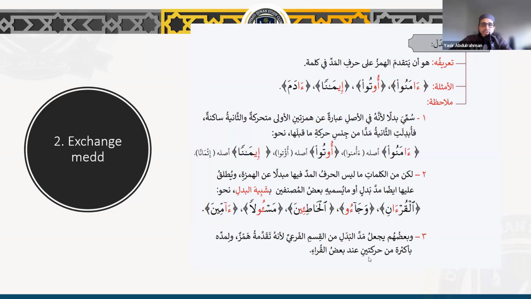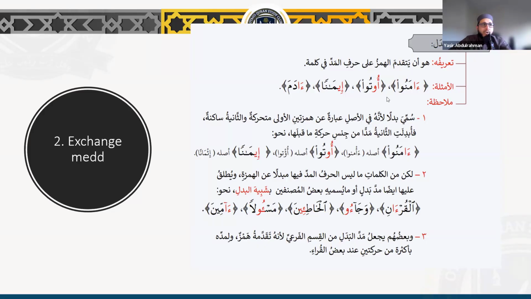Some people actually don't consider this as associated with the natural mad. So if you read the qira'ah of Imam Warsh, for example, he reads this with three faces. He reads it with short, he reads it with tawassut, and he reads it also with long. So he doesn't say amanu, he says amanu, and he says amanu. So he has the three modes.